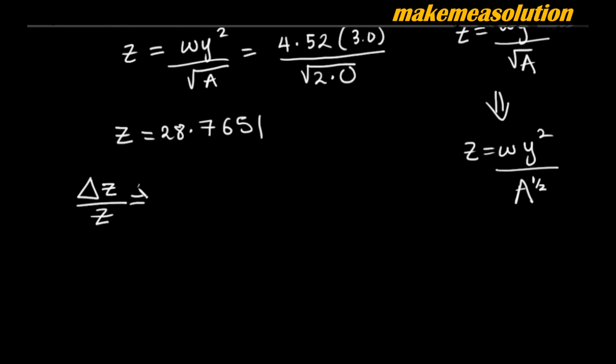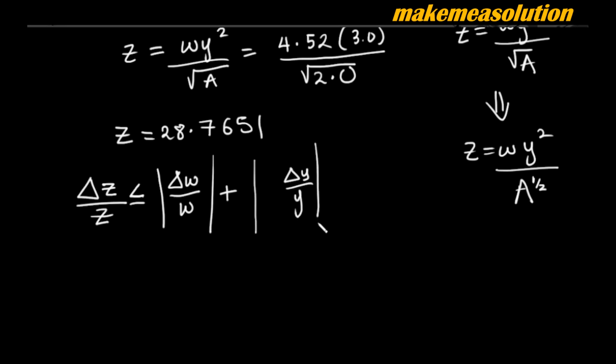Of course, relative error is less than or equal to, and for w, remember we have 3 components here, so my relative error will consist of 3 summed components. For w, I'll have the relative error in evaluating w, then plus, for y, I'll have the relative error in evaluating y. It's just that because of this power 2, the result will be multiplied by 2, and the same thing will happen for a.